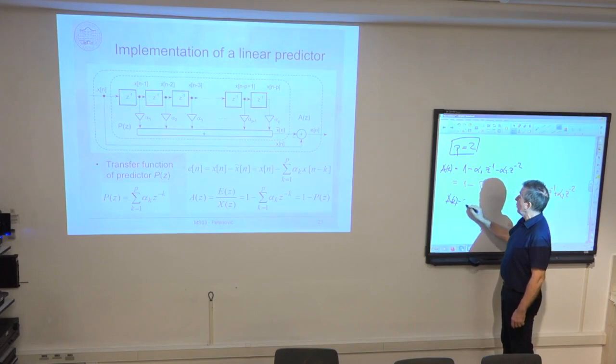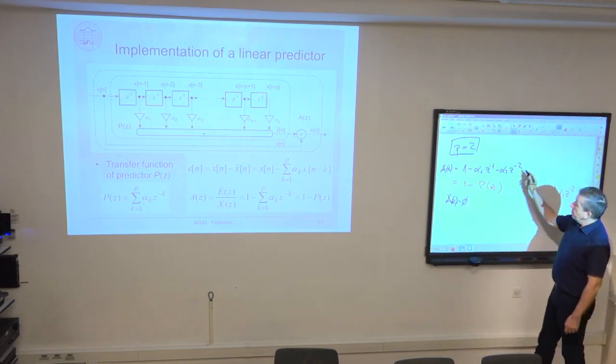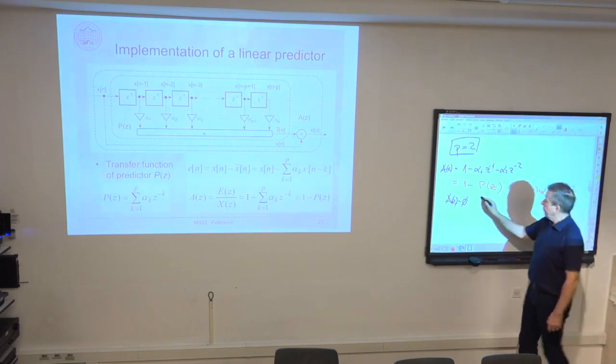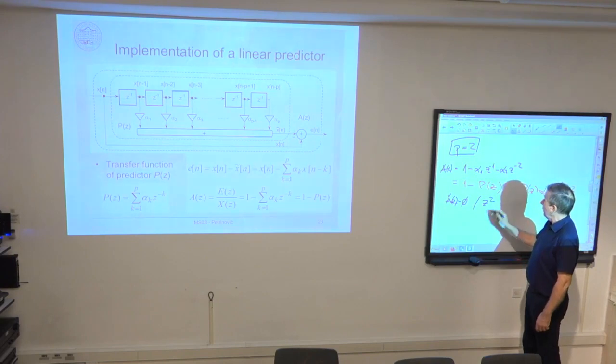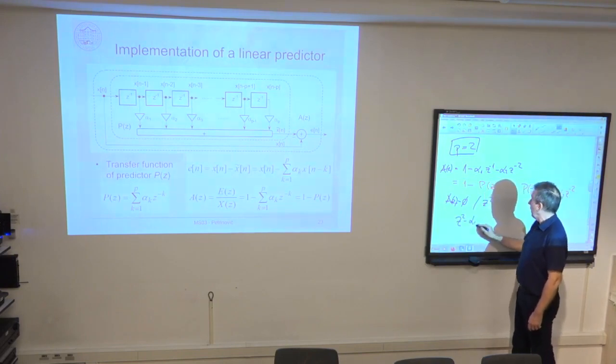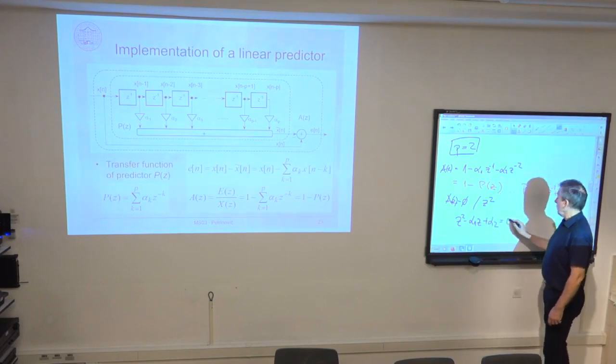I'm trying to find the roots of this polynomial, A of z equal to 0. I can multiply the left side and right side by z squared, and I would get the polynomial z squared minus alpha 1 z plus alpha 2 equal to 0.